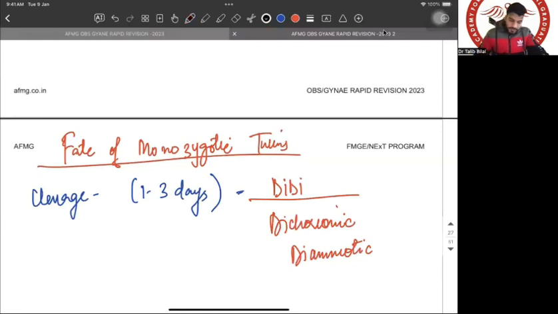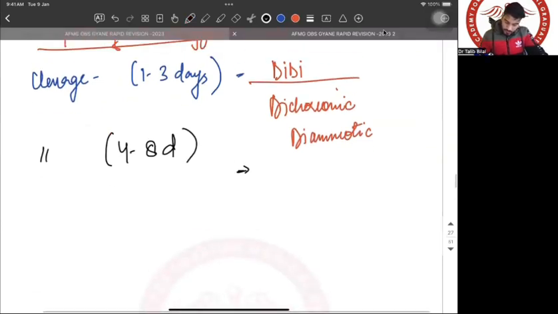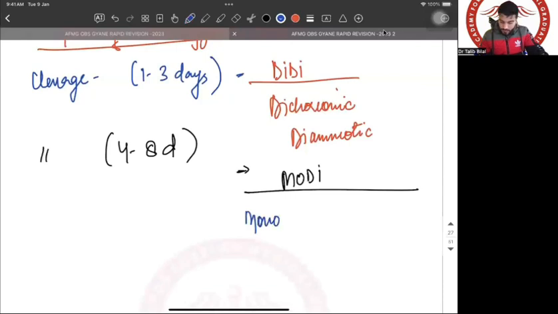Okay. Then the next one, guys, if the cleavage takes place between 4 to 8 days, then remember your Prime Minister, guys, Modi. Monochorionic diamniotic.